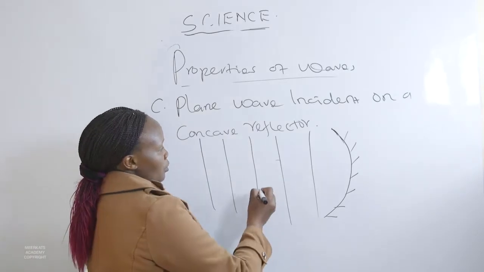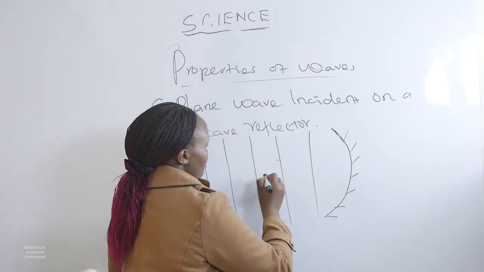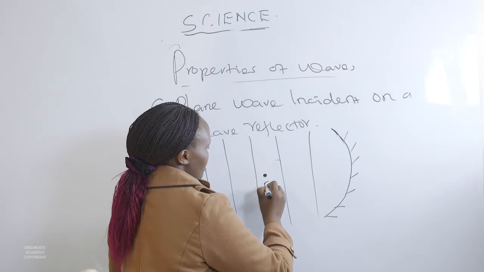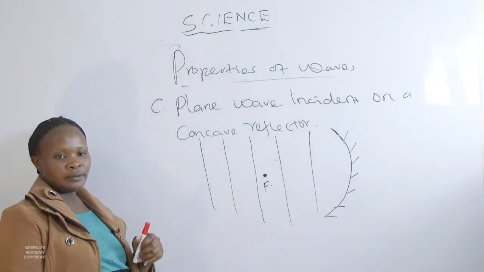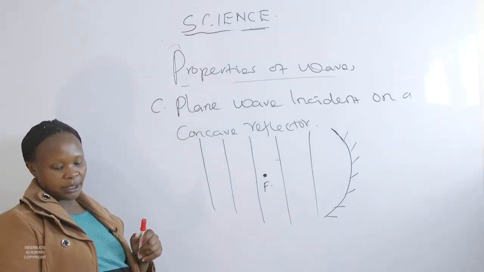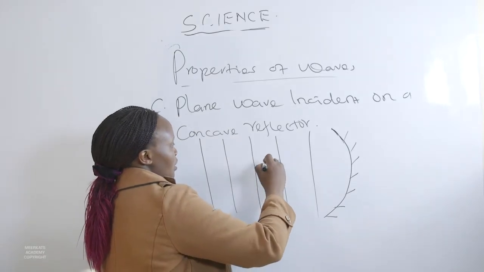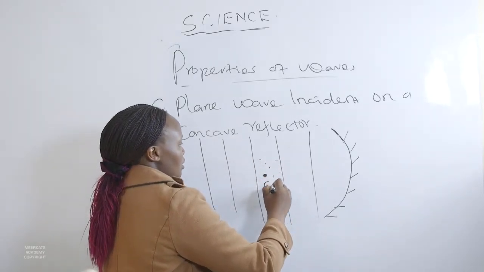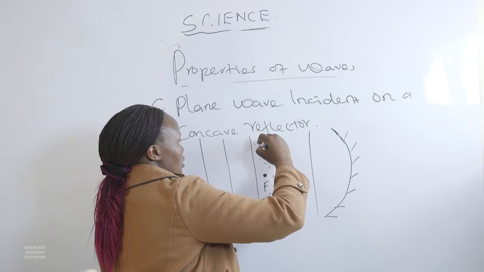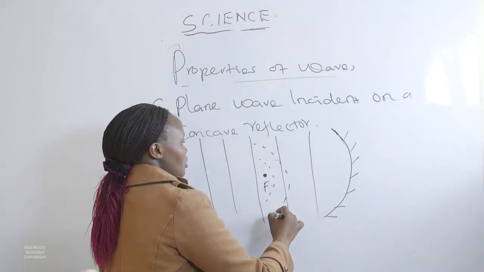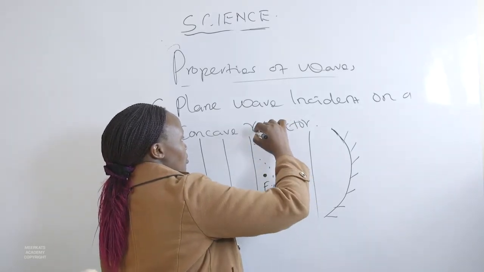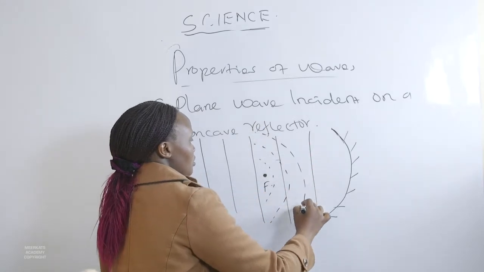Therefore, we have our principal focus somewhere there, and then we expect our waves to be reflected in such a way that they are converged at the principal focus.